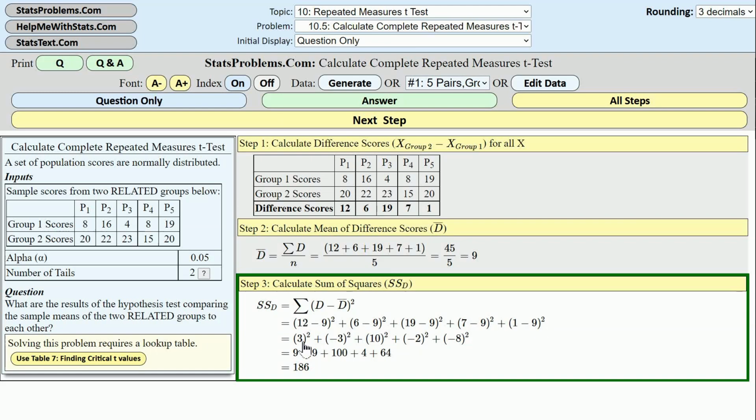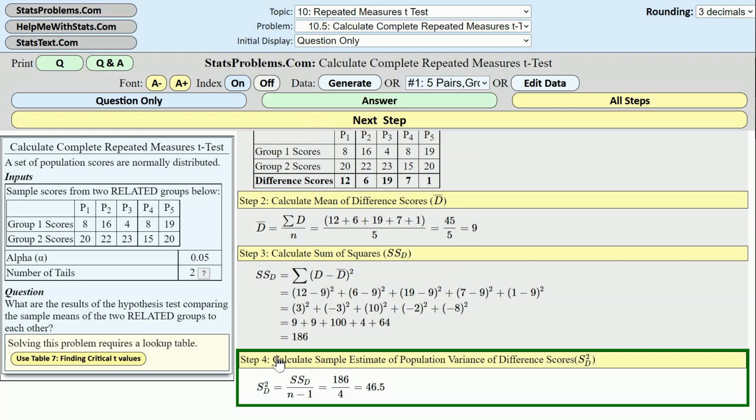This works out to 3 squared plus minus 3 squared, plus 10 squared, plus minus 2 squared, plus minus 8 squared, which works out to 9 plus 9 plus 100 plus 4 plus 64, which works out to 186.